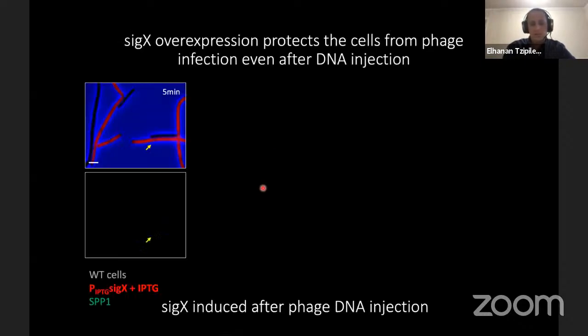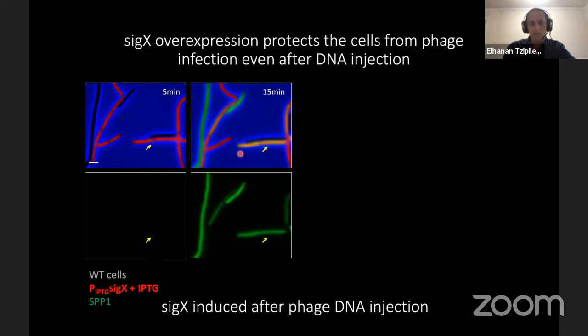And to answer this question, we again did time-lapse microscopy, where we mixed together wild-type cells with mCherry-labeled SigX inducible cells and infected them with GFP phages. But this time we gave the phages enough time to inject their DNA before we activated SigX.